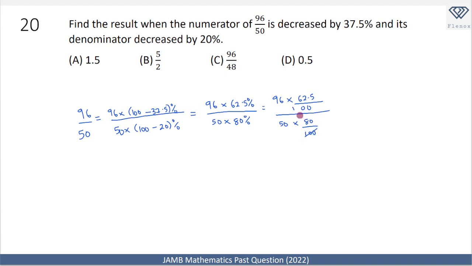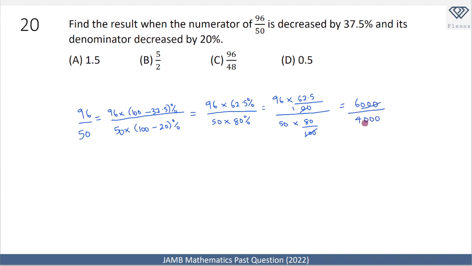Now this 100 cancels out this 100 and we are left with 96 times 62.5. When you punch that in your calculator, you get 6,000. And when you punch 50 times 80 in your calculator, you get 4,000.